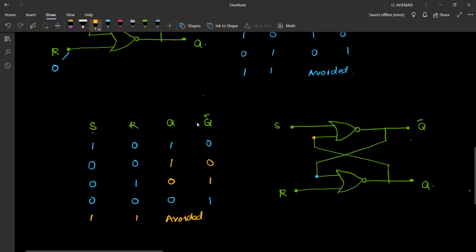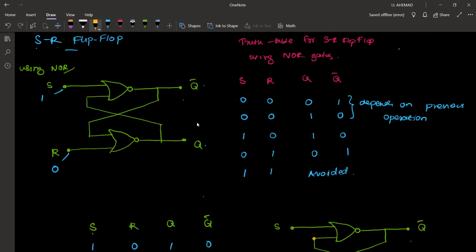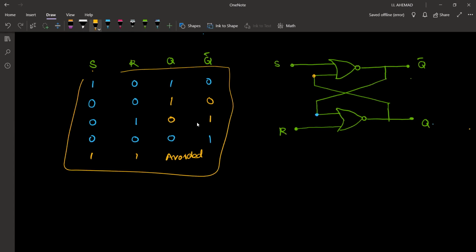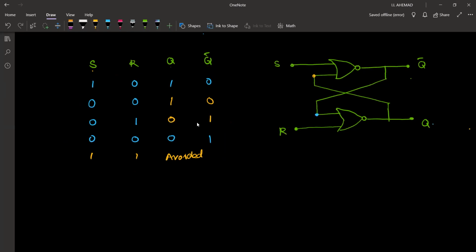Then you can write the truth table in both the orders. You can write in this order or this order. But I think this order is better, because you will clearly understand what's going on. From 1 to 0, what's happening from here, what's happening. So this table has to be clear.